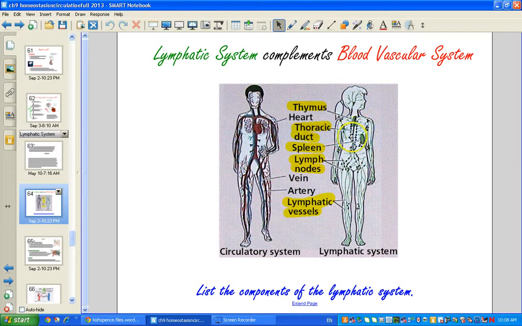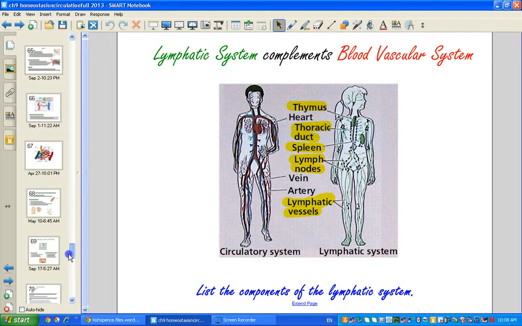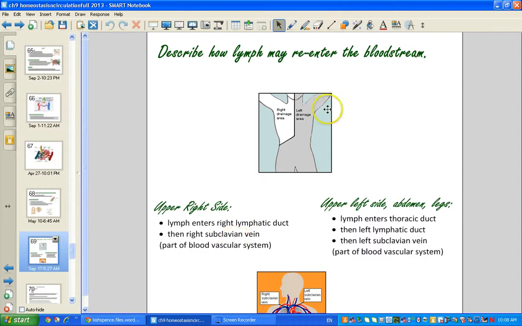In this diagram, here's the thoracic duct. So the lower regions are drained into the thoracic duct and then into the left lymphatic duct, so everything drains into the left lymphatic duct on the left side and the lower right side, and it will re-enter through the left subclavian vein.